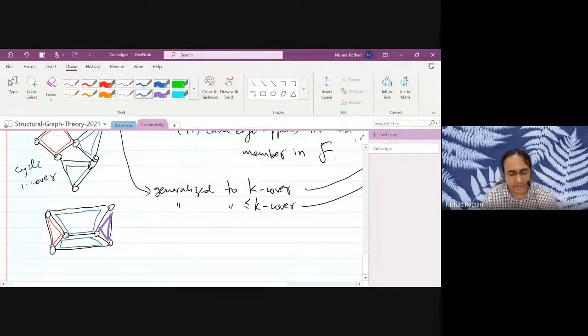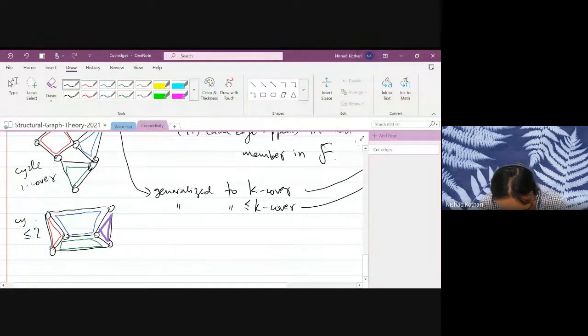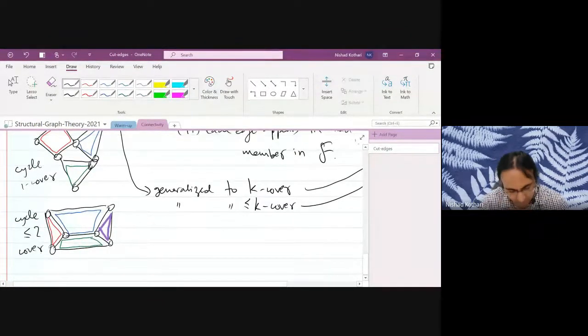So that is an at-most-2 cover of the given graph. This is an at-most-2 cycle cover. Oh, sorry, I think we call it a cycle at-most-2 cover. Okay? Good.